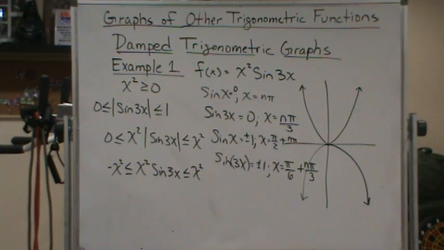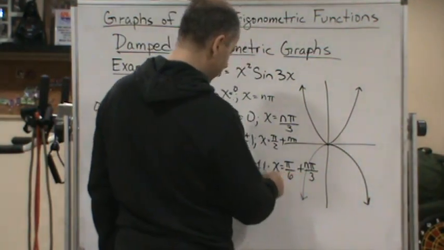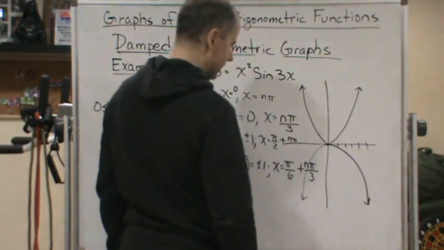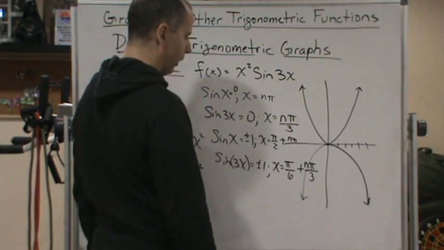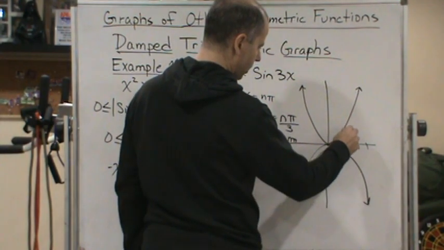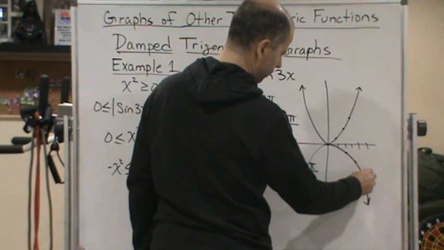And then when we put it all together, we can sketch the graph. All we have to do is mark out where all the x-intercepts are, when those occur, and when the points touch along either one of these parabolas.